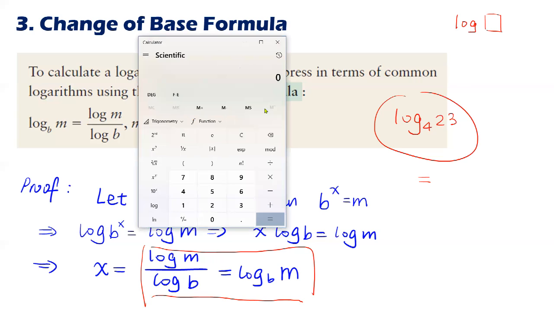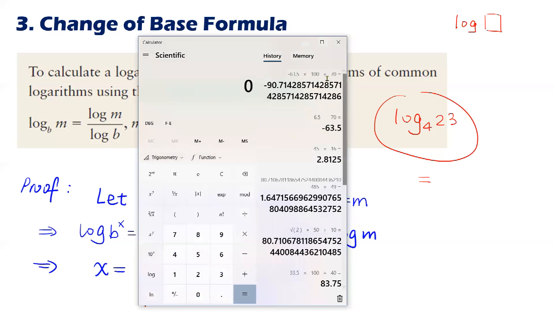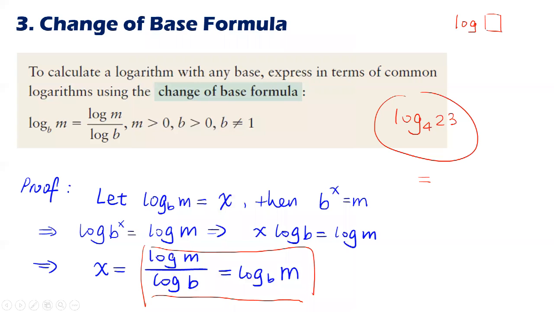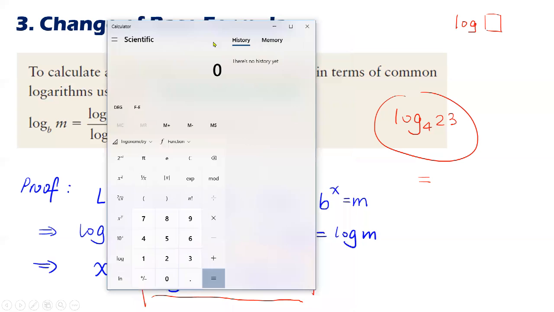Okay, so this is a calculator in a Windows computer, right? So basically, you will have a similar interface in your calculators, and you'll find a log sign here. That means log base 10, right?